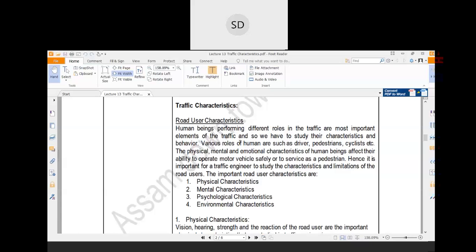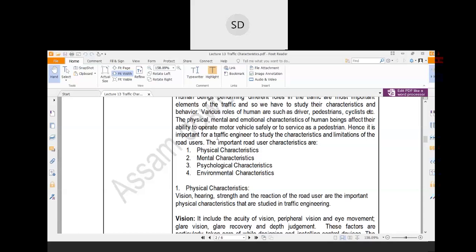Among these, the important road user characteristics are divided into four parts: physical characteristics, mental characteristics, psychological characteristics, and environmental characteristics.